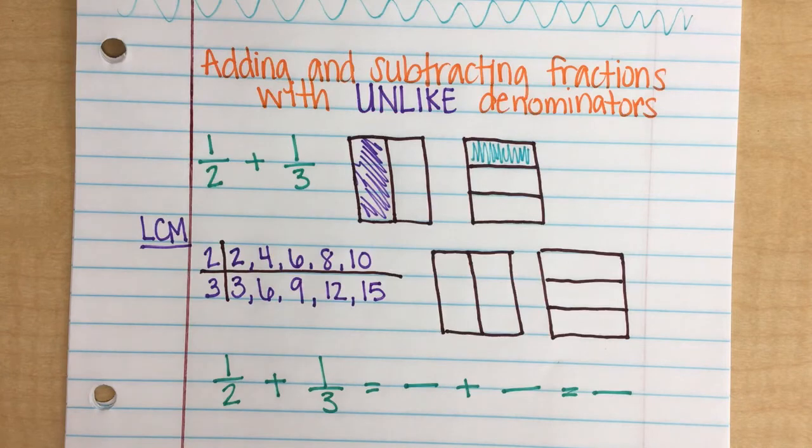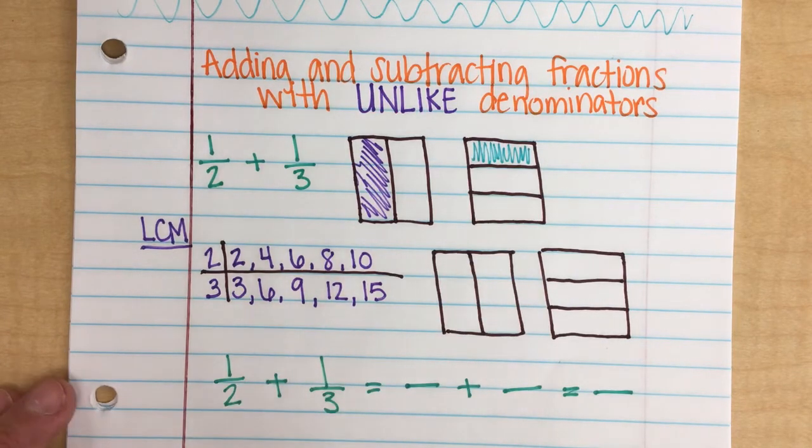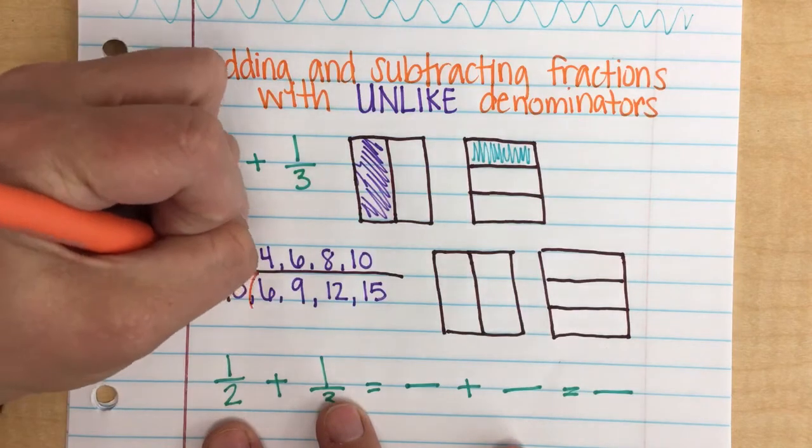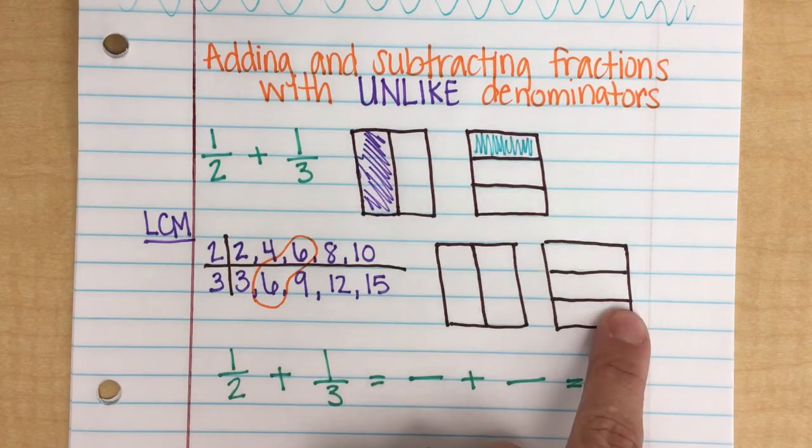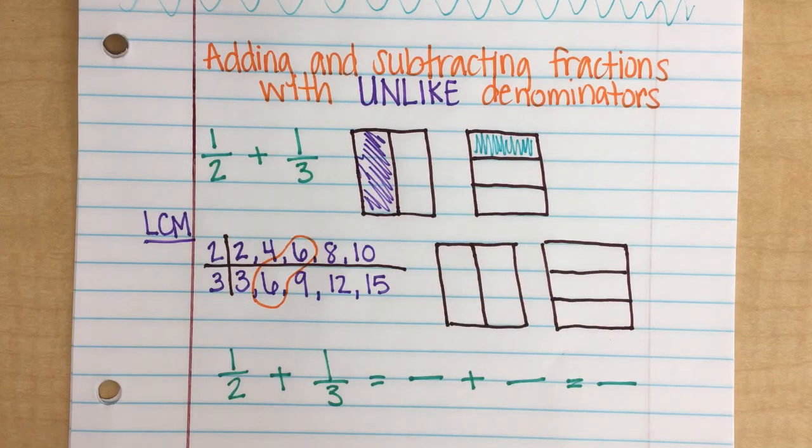All right, I'm going to look at my list now, and I'm going to find the lowest number that they both have in common. And I can see that that number is 6. So 6 is going to be my common denominator. So I want to take my two models and I want to break those into pieces so that they're equal in both grids.